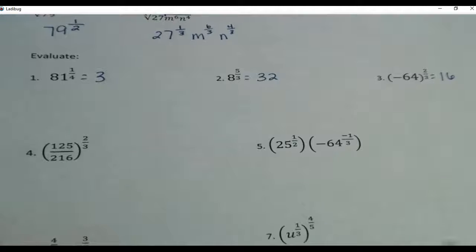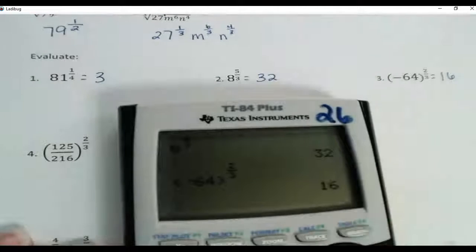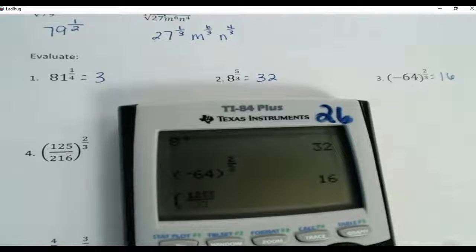So then our next one, we can type that whole thing in if we want to. So 125 over 216 to the 2/3, and we get 25 over 36.